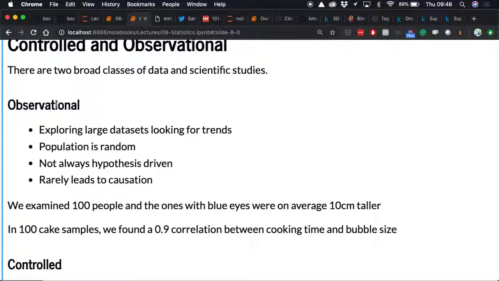The observational are much more like Facebook, big data, Google, where they have huge data sets that they're looking at, and they're trying to find trends and correlations and patterns. You have a population that's fairly random, and you're not really hypothesis driven.